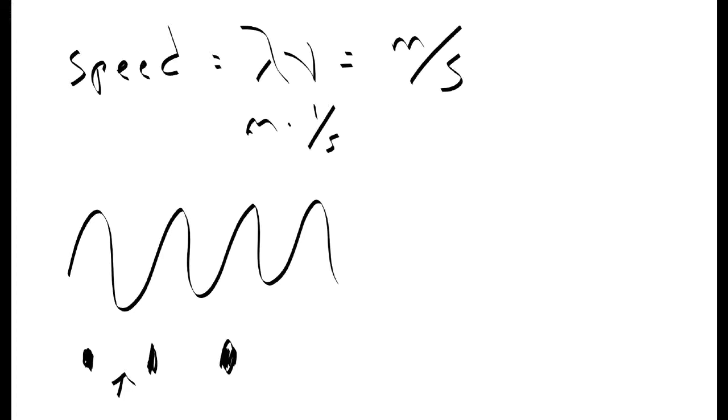And the last property. Wavelength and frequency, lambda and nu, are two of the properties of the wave. Speed is not an independent property because it's based on the other two. The third is amplitude.